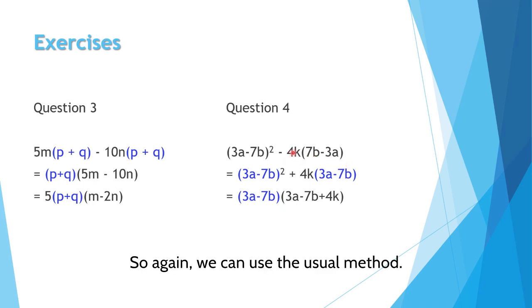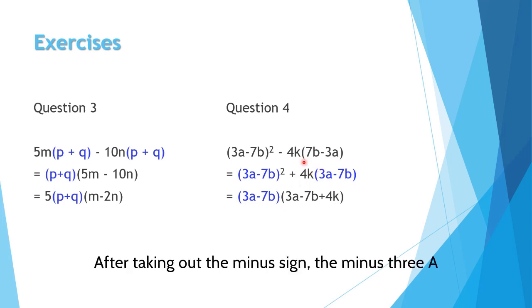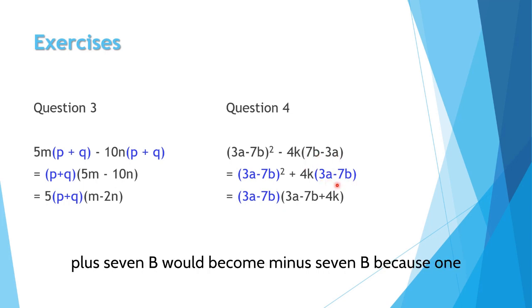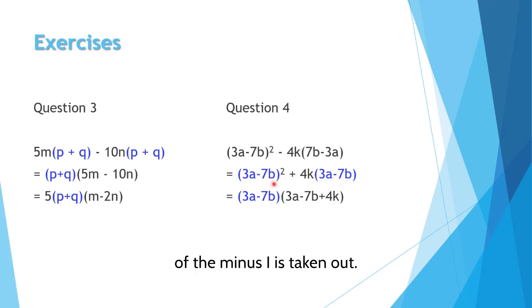So again, we can use the usual method by taking out one minus sign from here. It would give a plus sign at the front. And then the order will be changed. After taking out the minus sign, the minus 3a would become plus 3a at the front. And the plus 7b would become minus 7b because one of the minus signs is taken out.